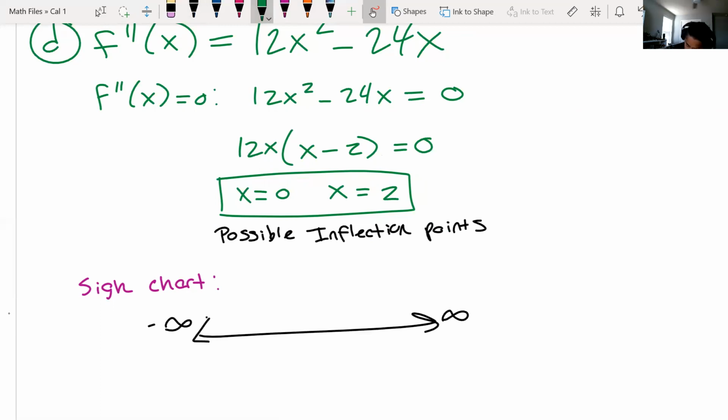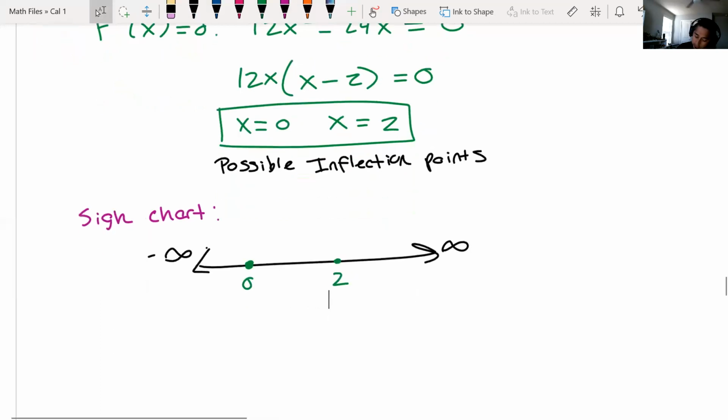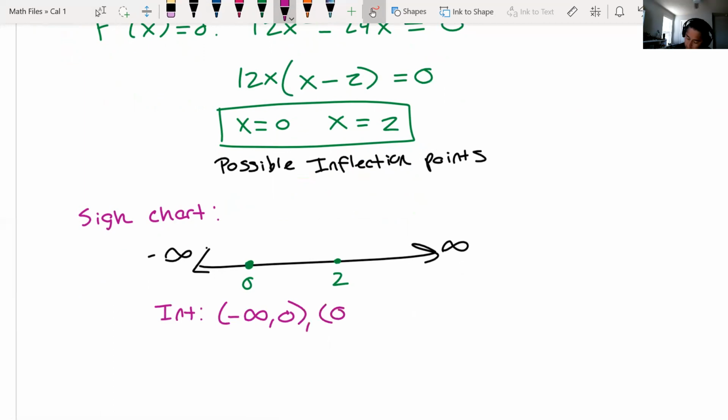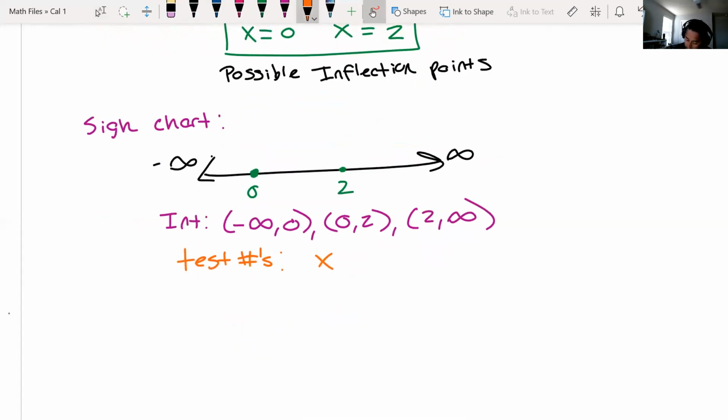Plot my possible inflection points. And then again, make our intervals: negative infinity to 0, 0 to 2, and 2 to infinity. And then we pick test numbers. Three intervals, 3 test numbers.